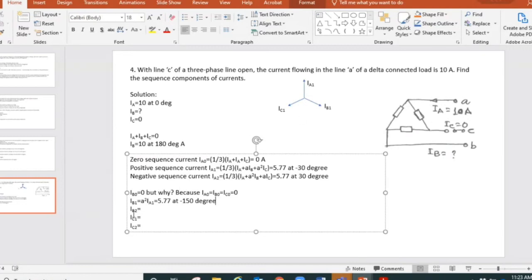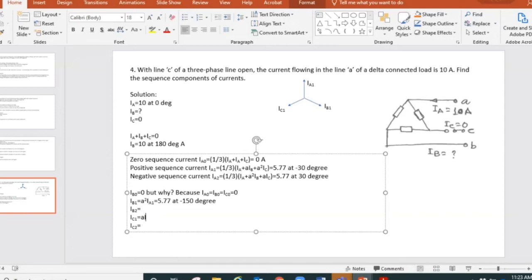Now we need to go to the next one, IB2. IB2 is negative sequence current. We'll have to draw the negative sequence because we don't remember. But let's do IC1 first because IC1 comes from positive sequence. Looking at IC1, IA1 is our reference phasor. It is at an angle of 120 degrees, and 120 degrees means A only.